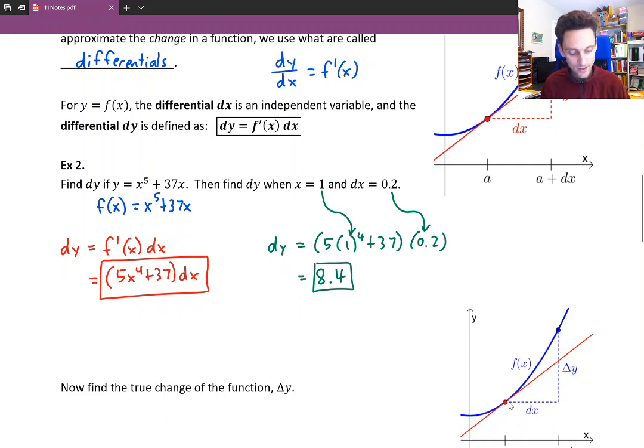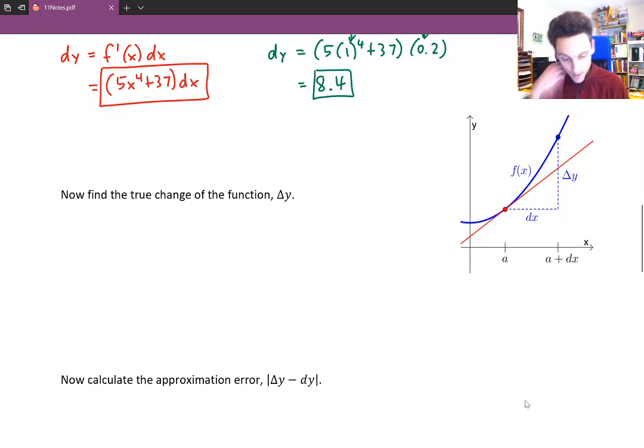So this delta y is the actual change in the function values. It's the original function value and then to the next function value, whatever that is. So you can say it's the final function value minus the initial function value. Final y minus initial y. Well, to get that, we would take the final y minus the initial y.